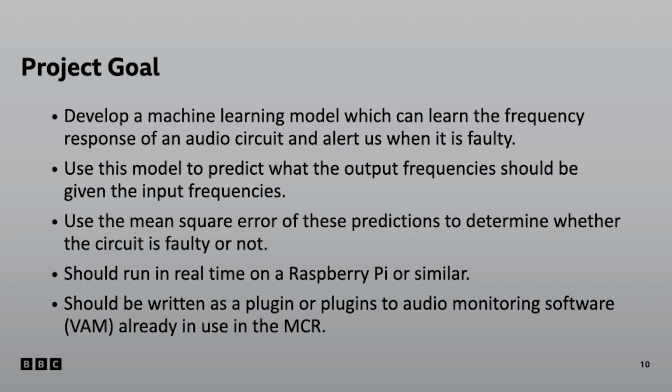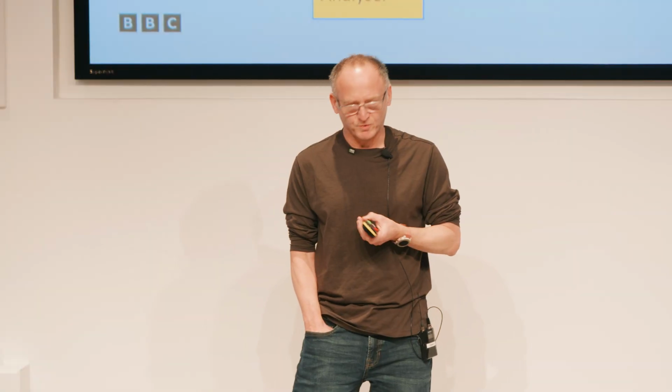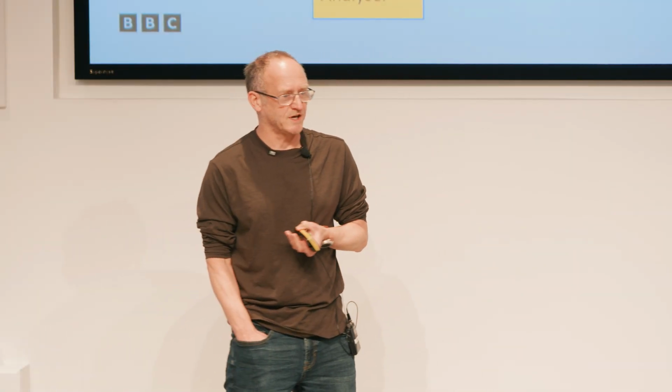Then, of course, we had some scope creep, and someone said, oh, if it would work for that, maybe it would work for a more complex circuit. Maybe it would work to monitor the whole of a broadcast chain.